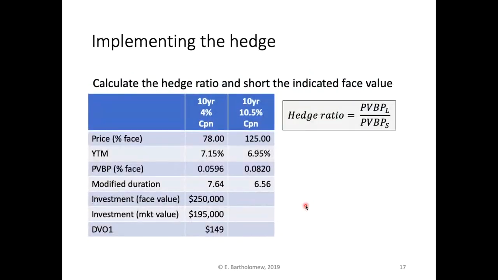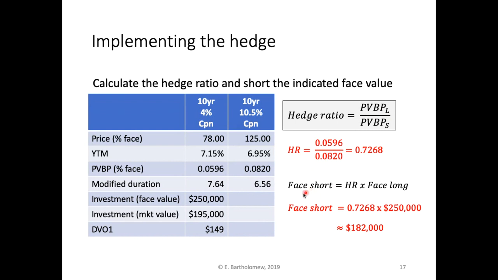So let's apply that. So we've got this hedge ratio formula that we just calculated, and we've got this information here. We've got the two PVBPs, so we have what we need. So let's substitute 0.0596 in for the long and 0.0820 in for the short, and we get a hedge ratio of 0.7268.